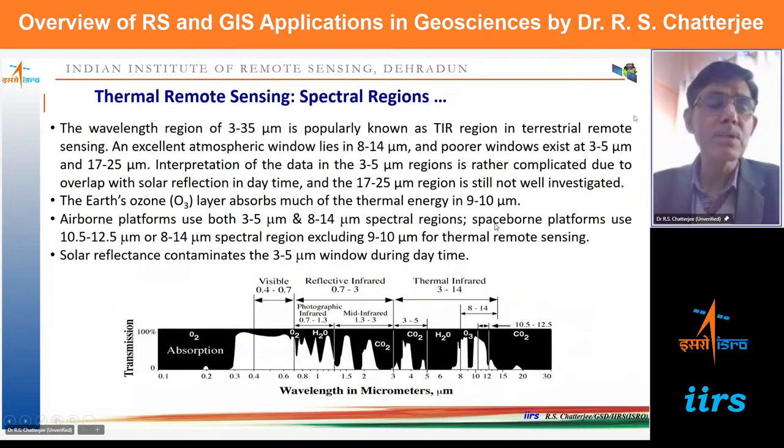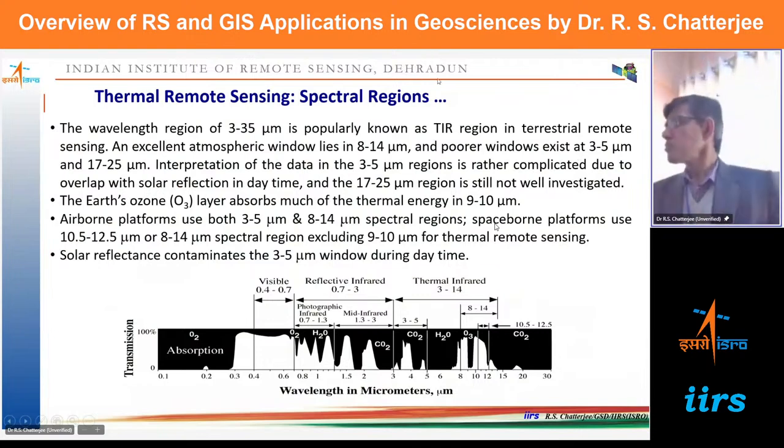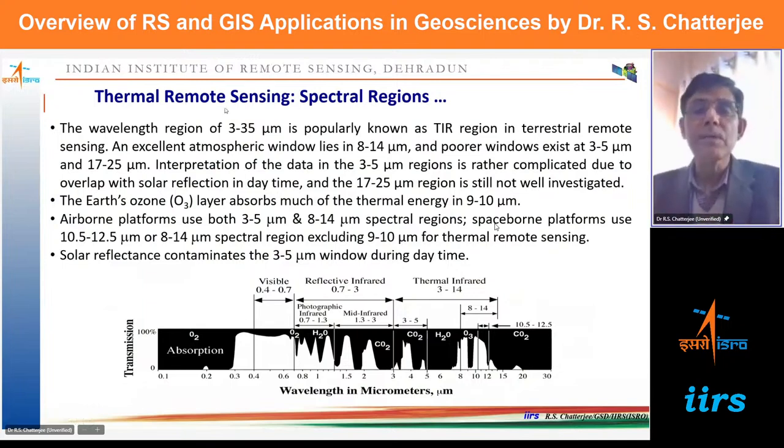Now coming to thermal remote sensing. The wavelength region of 3 to 35 micrometer is popularly known as the thermal infrared region in terrestrial remote sensing. Here, 3 is here and 35 is somewhere here.